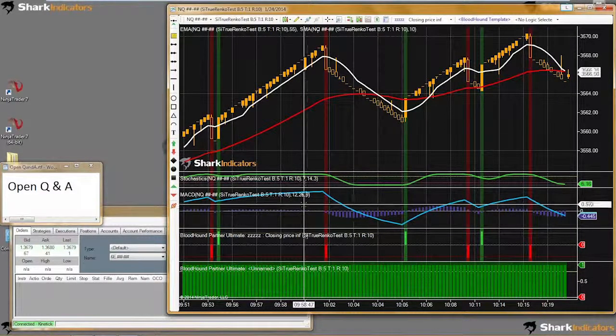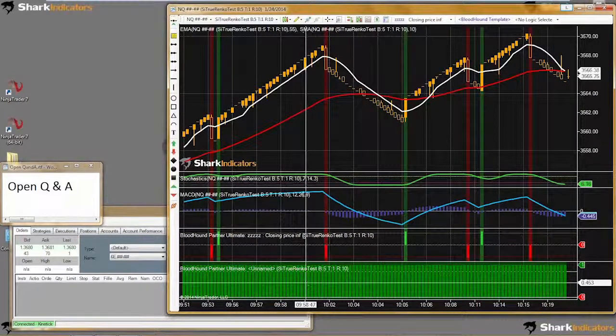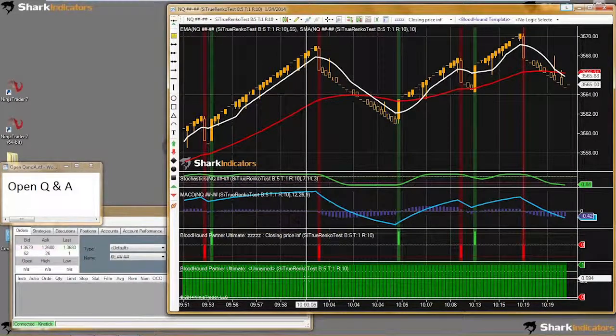So what you've got to keep in mind is that when you're building a BloodHound system, it's pretty easy to just start building solvers and loading up all these solvers with all these different indicators. It's pretty easy to forget that you're really loading up a bunch of indicators, because you only see BloodHound.